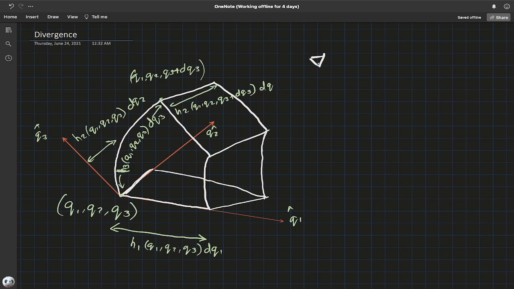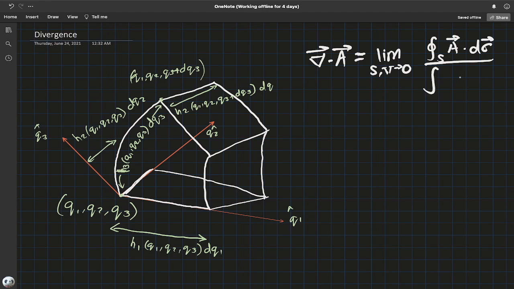For the divergence, we need to use the definition: limit as surface and volume go to 0 of the closed surface integral over some surface S of some vector field A dotted with, again, the area vector, divided by the volume integral of a volume that's going to 0, d tau. So this was the definition of the divergence.